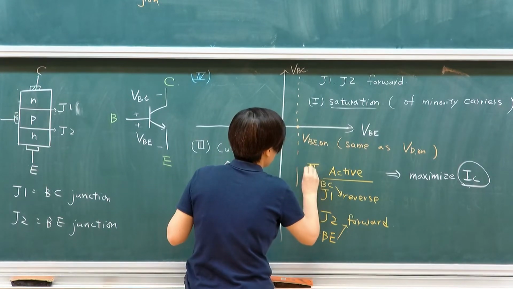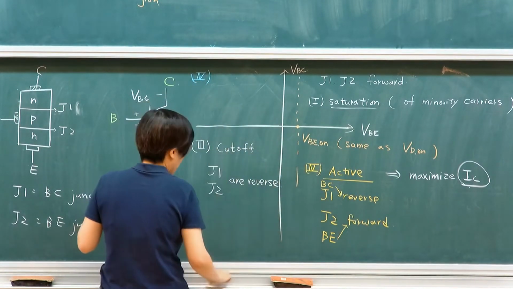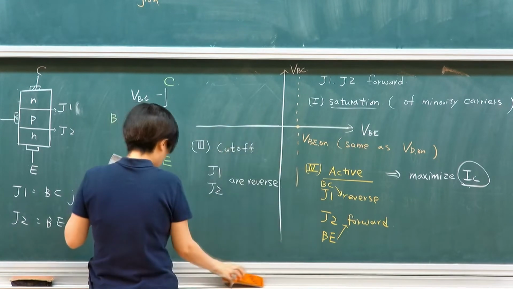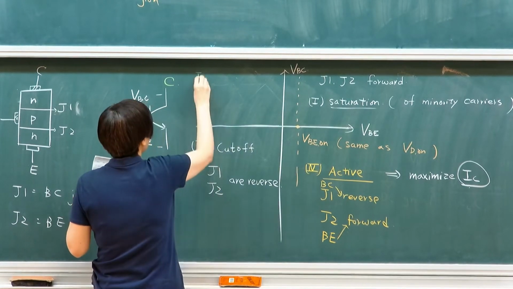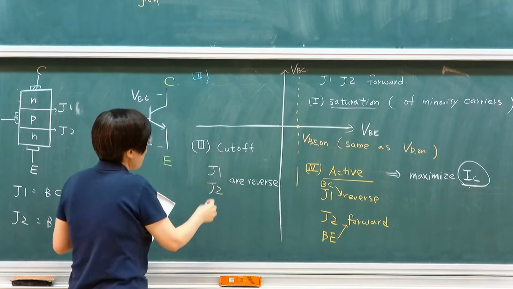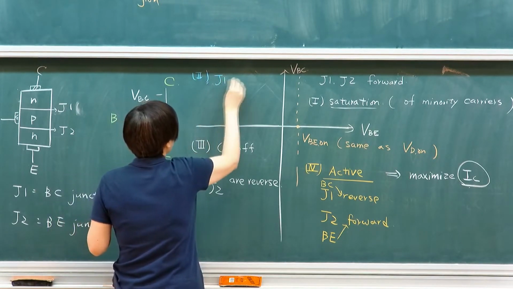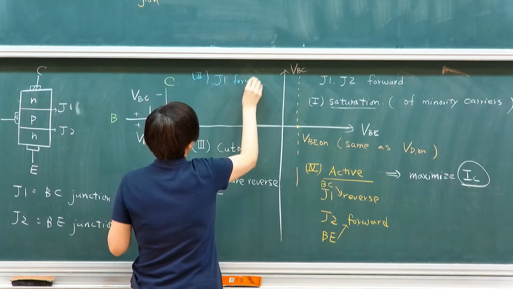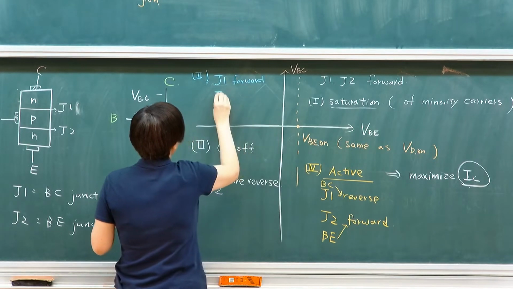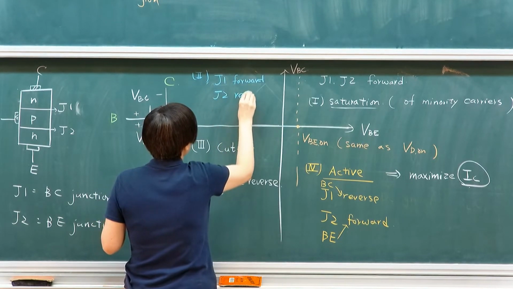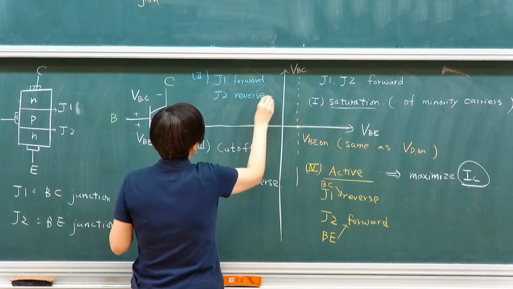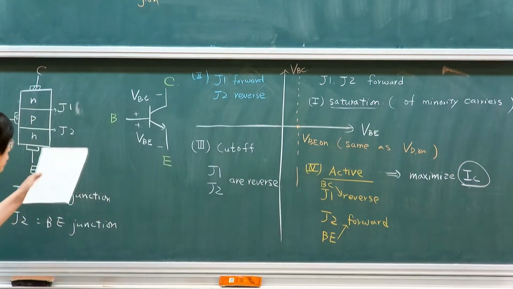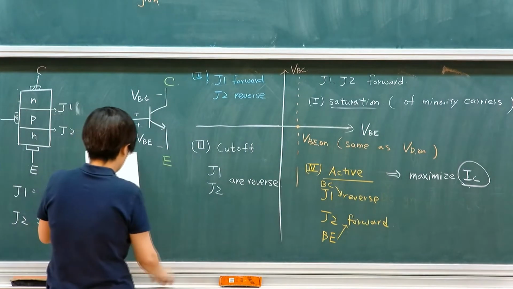So this is the fourth quadrant, this will be the second. In the second quadrant, you would then have J1 forward and J2 reverse. This is referred to as reverse active.